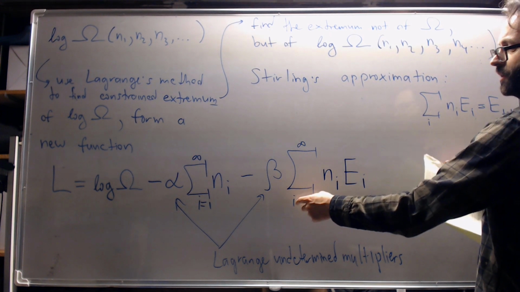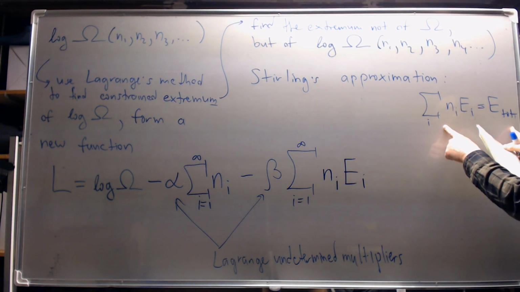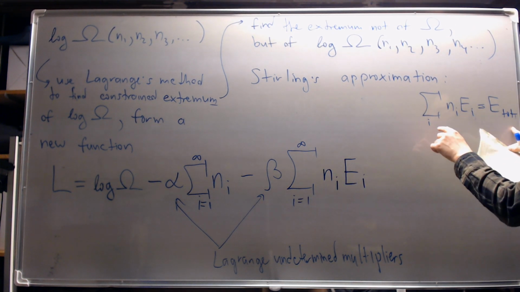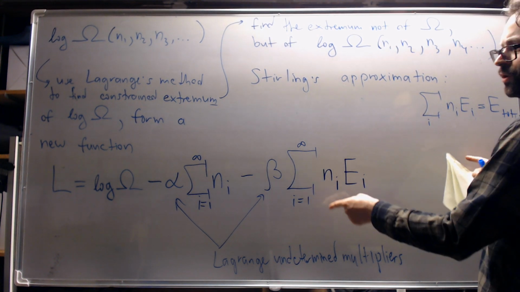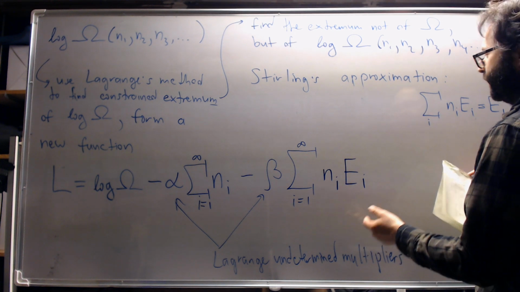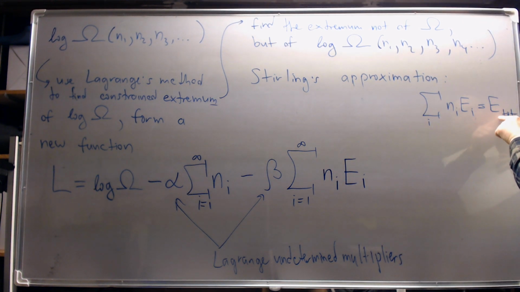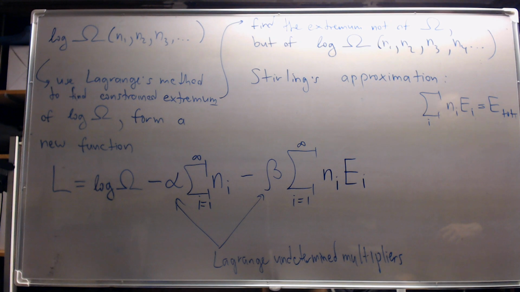What we'll find is that it doesn't really matter. We can go on and write it like this, not like you might have seen in standard derivations of the Lagrange multiplier method. Because what we're about to do is start taking derivatives with respect to variables, and when we take a derivative of E total, given that it's a constant, it's going to be 0. And so we're not making a mistake.